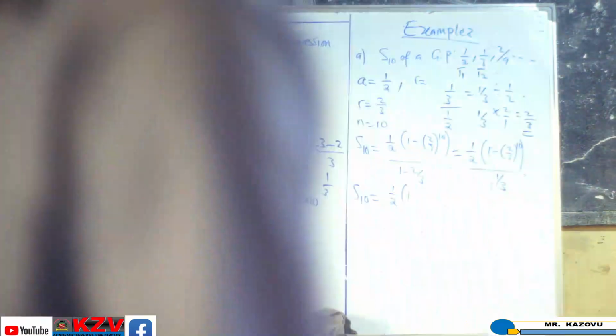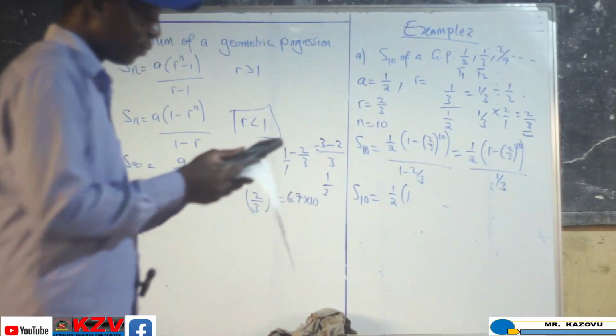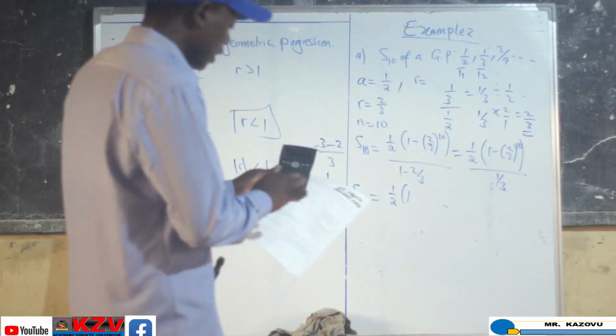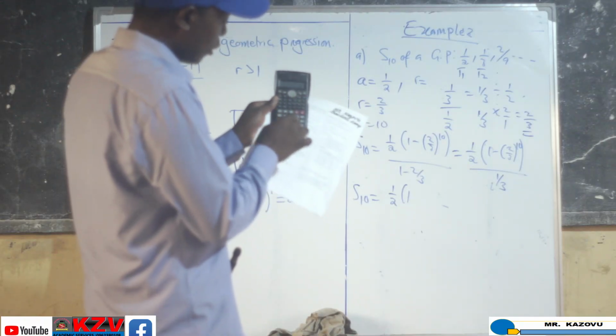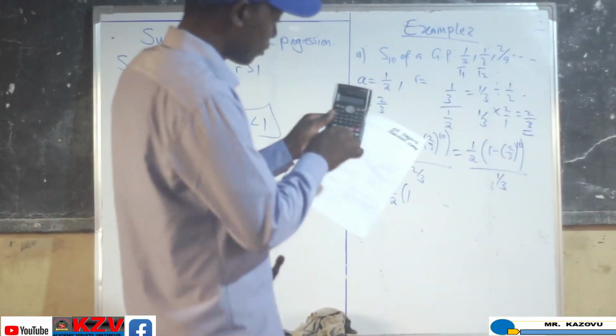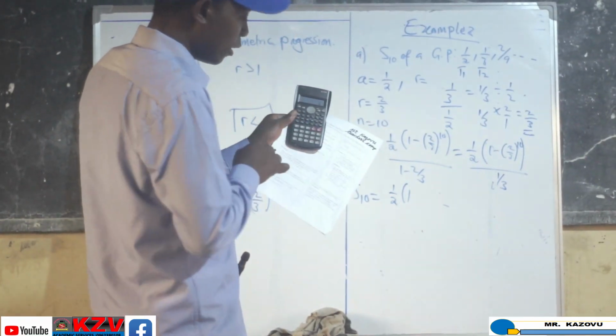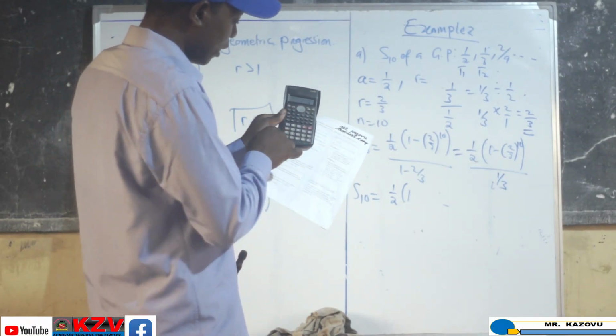Let me help you. So get your calculator. This is a scientific calculator, isn't it? So this is what we are doing. Put brackets here. Open brackets, and then you have 2 over 3 there.